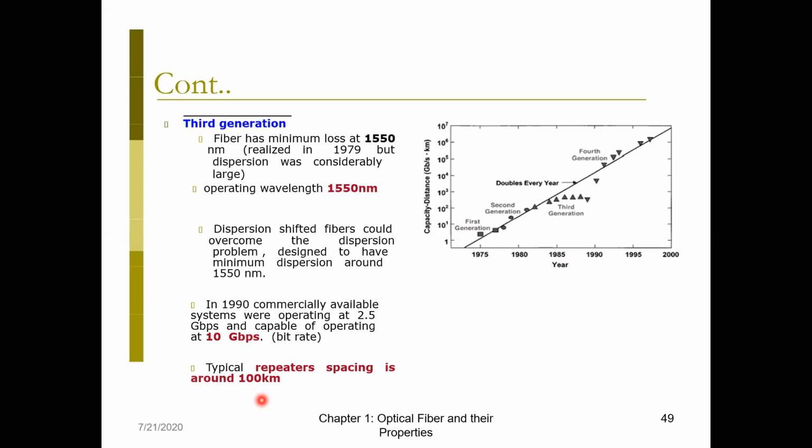Yes, I'm asking you, do you think some more components are required? High bit rate, yes, that is increasing, third generation, fourth, now we have still more, fourth, fifth, so it will probably increase further. But do you think something else is still required? See, even though I'm very happy that the repeater spacing is increasing, means after every 100 kilometers, now I require a repeater. So do you think repeaters are costly or not costly?